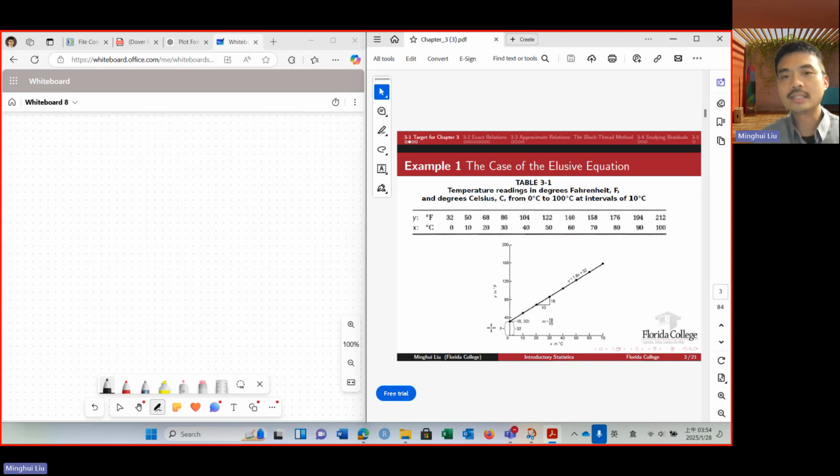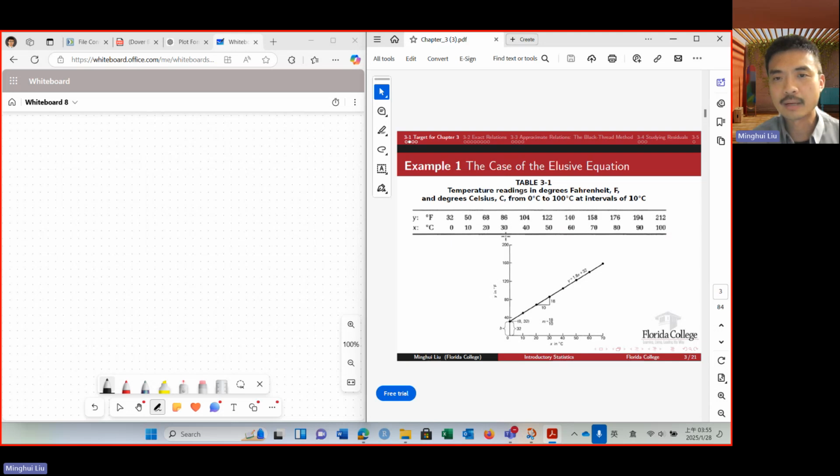In fact, you can easily find the following information of the line. First of all, you can find the slope. The slope is defined by the rise over run. So to find the slope, we can choose 2 points such as (20, 68) and (30, 86). Then we can calculate the rise over run. The change of Y from 68 to 86 is 18, obtained by subtracting 68 from 86.